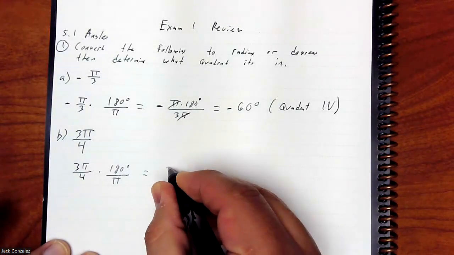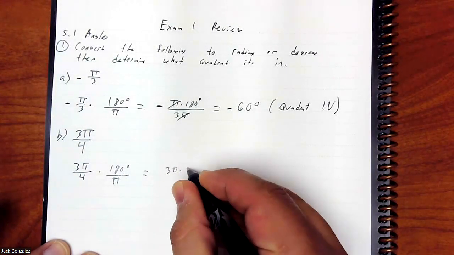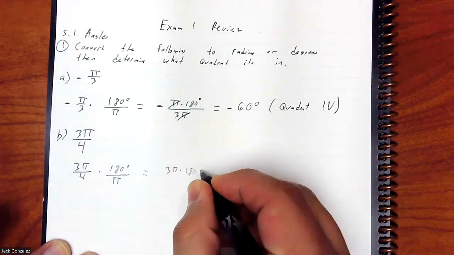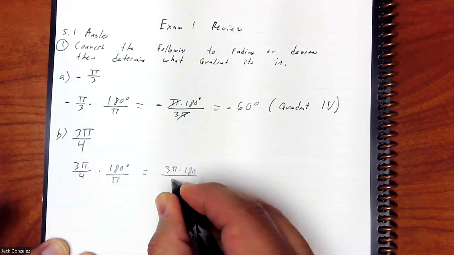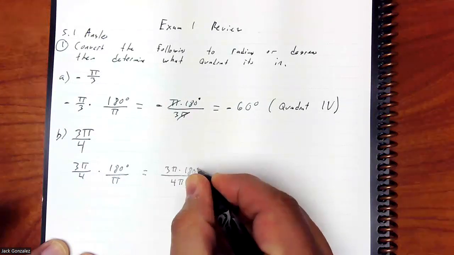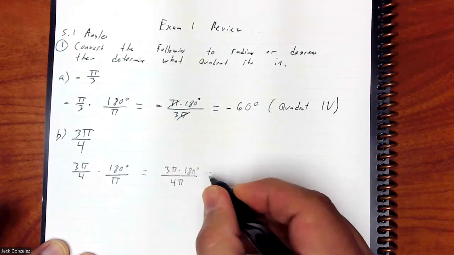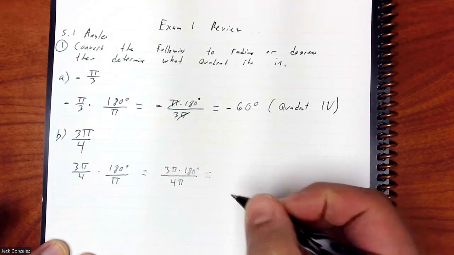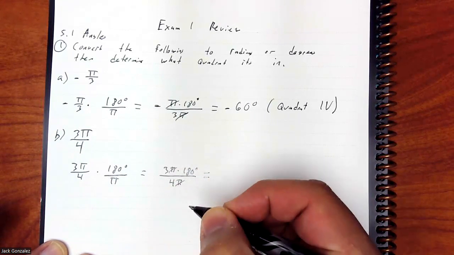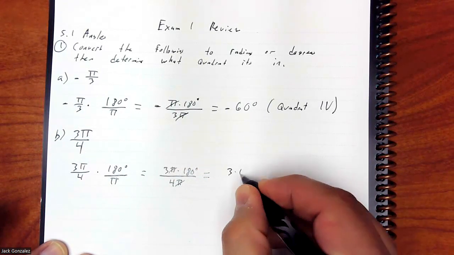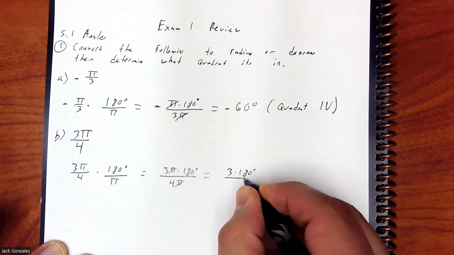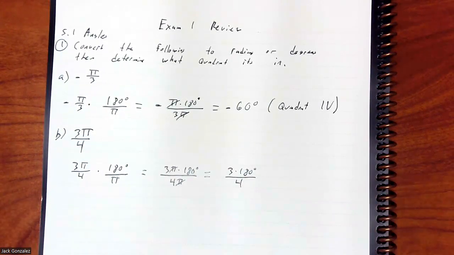So we'll get 3 pi times 180 over 4 pi. So these pi's will cancel, and we end up with 3 times 180 over 4. Does 4 go into 180?